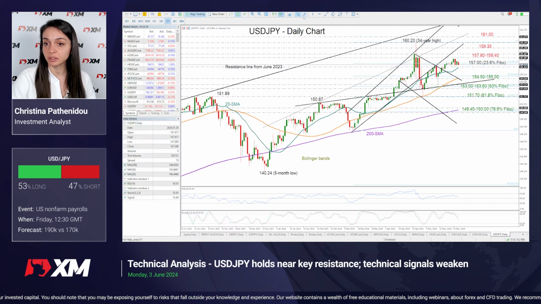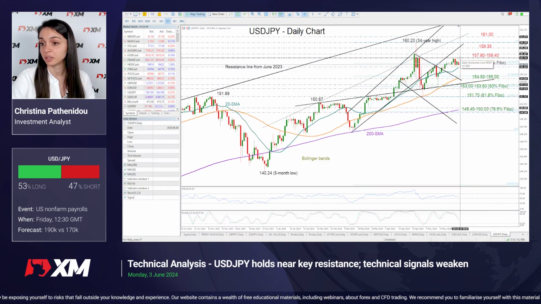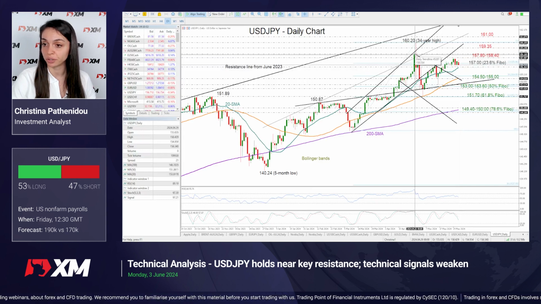Now, if the data suggests a resilient US economy and justifies rate cut delays, that could take dollar yen towards the 157.80, 158.40 key resistance territory, where the 2024 uptrend peaked.